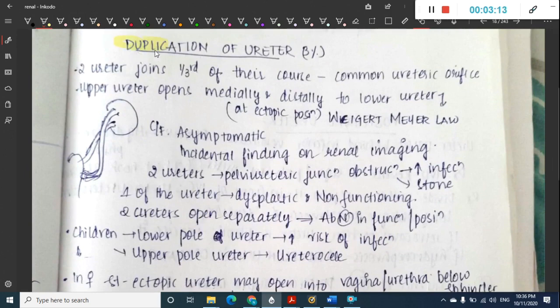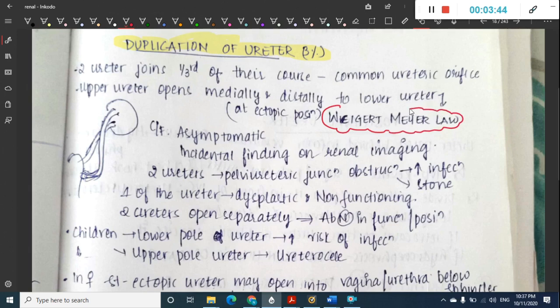Then we have something called duplication of ureters. So what is duplication of ureters? In this, if you see, there are two ureters. The upper ureter is this one, this is the lower ureter. The upper ureter goes down and opens medially and distally to the lower ureter. This law is given a name, that is Weigert-Mayer law.